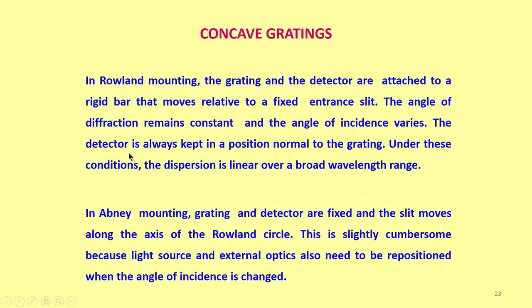So the angle of diffraction remains constant and the angle of incidence varies. The detector is always kept in a position normal to the grating. Under these circumstances, dispersion should be linear over a broad wavelength range.